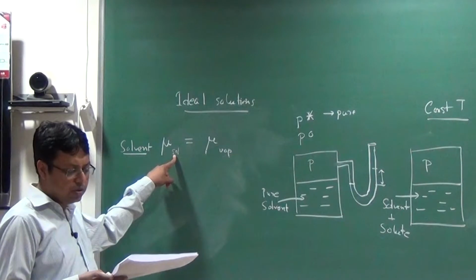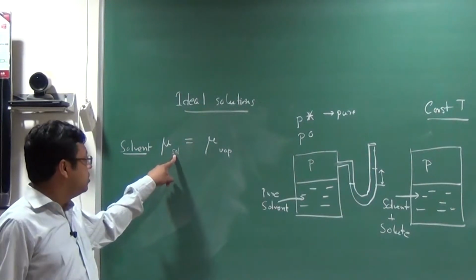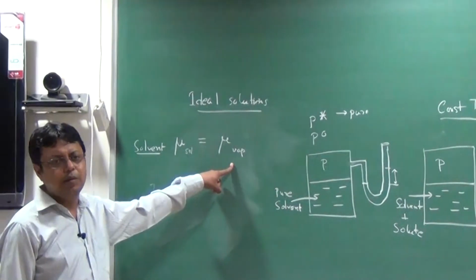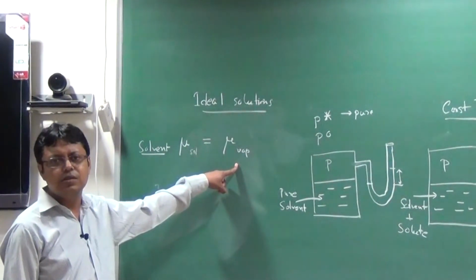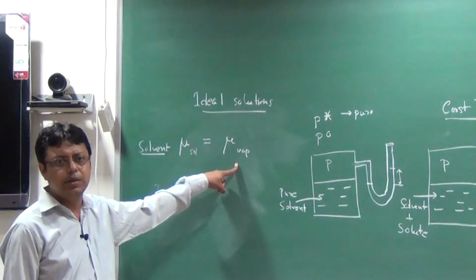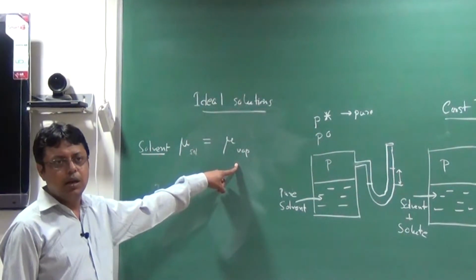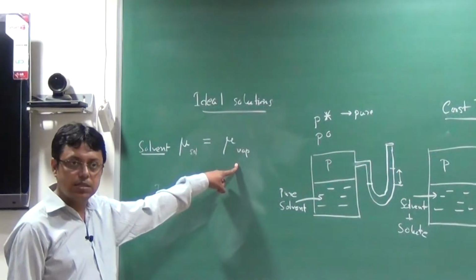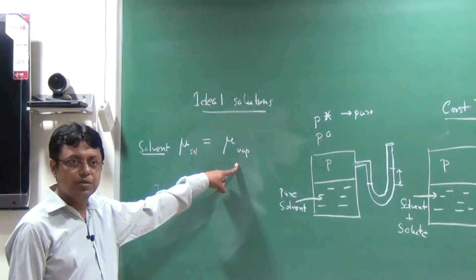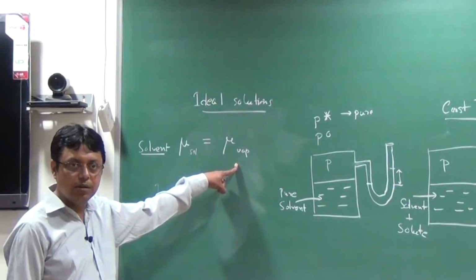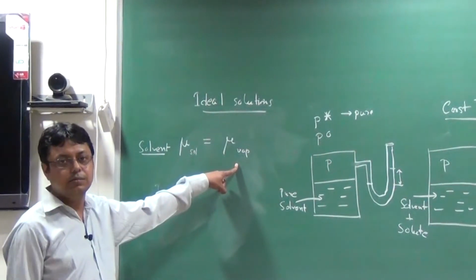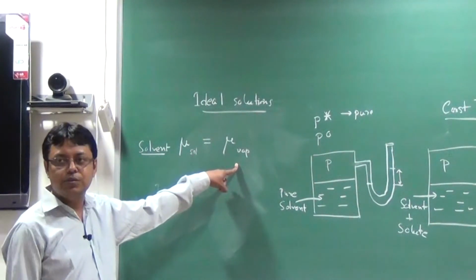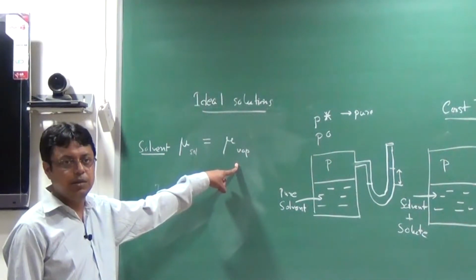Now, how can I write the solution side? I have to write it in terms of vapor. We have already developed the equation: mu is equal to mu0 plus RT ln P. We can apply that for ideal gases. If you remember how we wrote that equation, mu was basically G by N, and everything came from a fundamental equation: dG is minus SdT plus VdP.